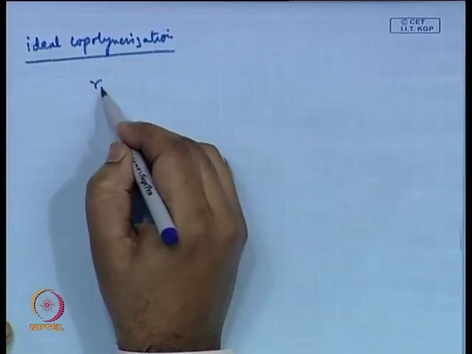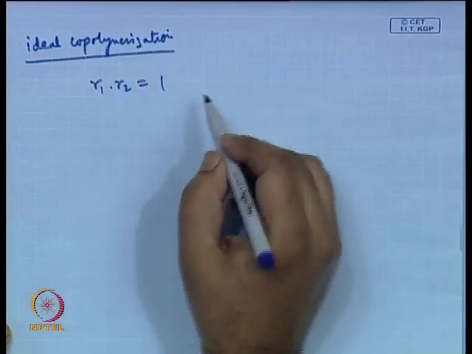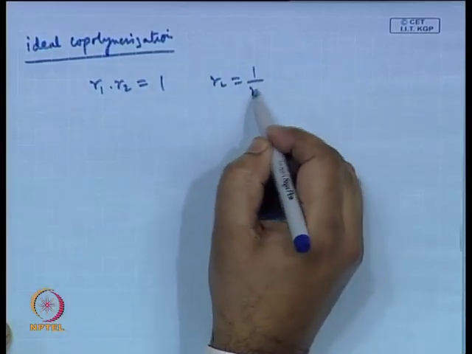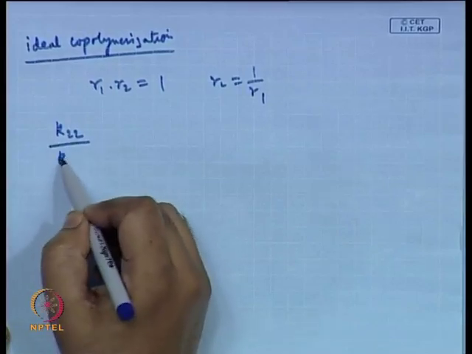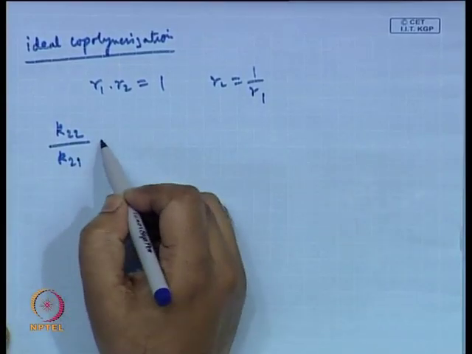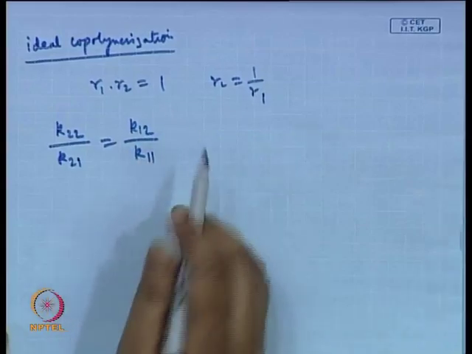In this case, R1 multiplied by R2 is 1, or R2 is 1 by R1, we can write K22 by K21, K12 by K11.